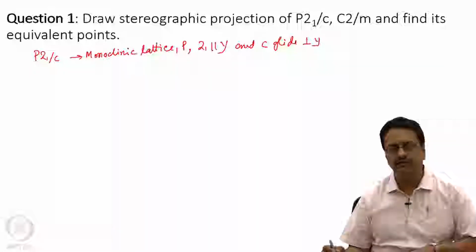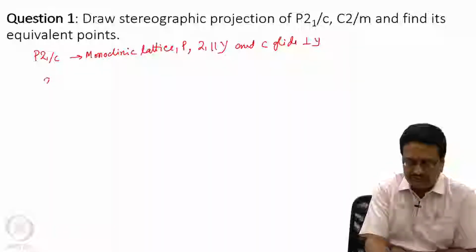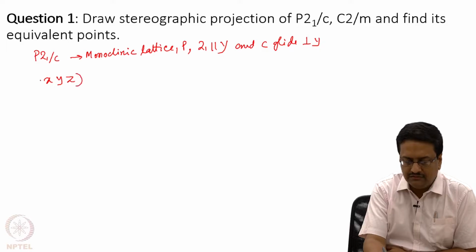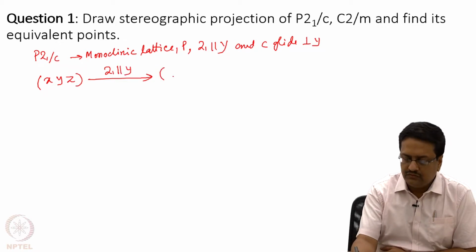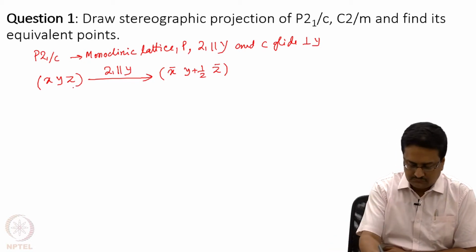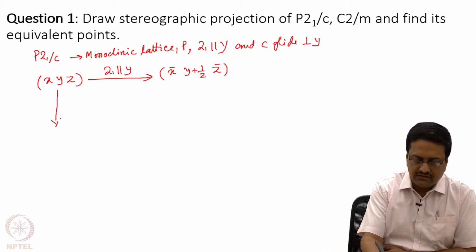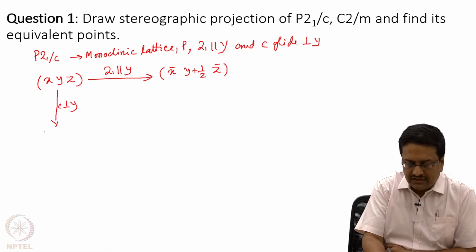So if we try to get the equivalent points by starting from x, y, z, and apply a 2_1 screw parallel to y, we should get x bar, y plus half, z bar. We apply the c glide perpendicular to y on x, y, z. What we get is x, y bar, z plus half.